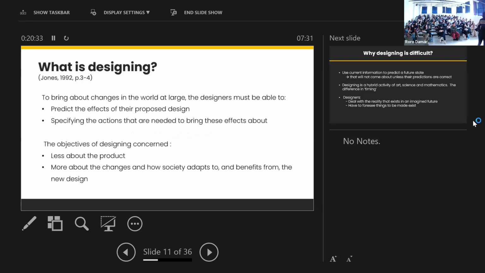To bring about change in the world at large, the designer must be able to predict the effect of their proposed design, specifying the actions needed to bring this effect about. This is why architects are sometimes called magicians, or rather future tellers, is that the correct term?